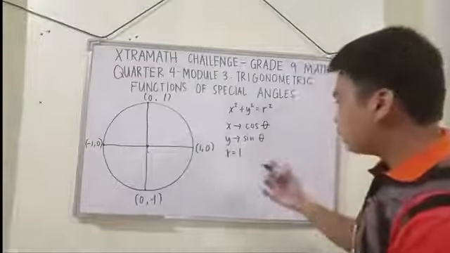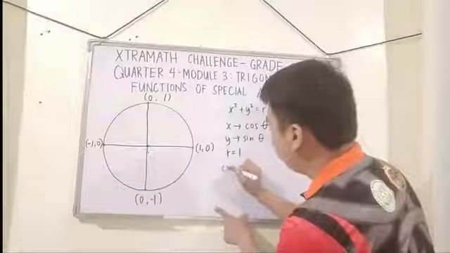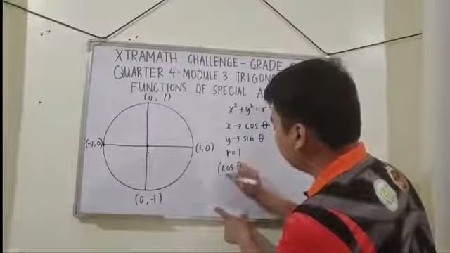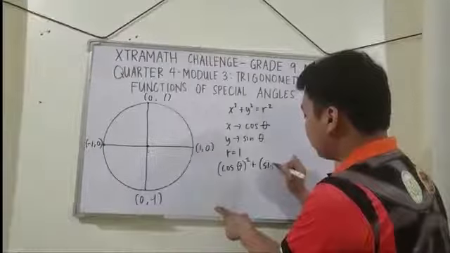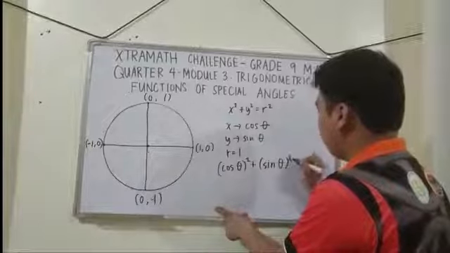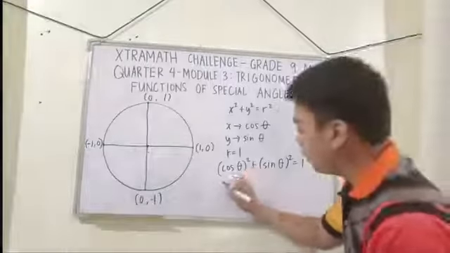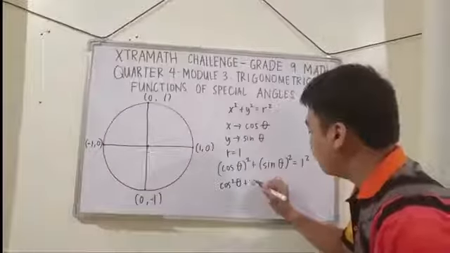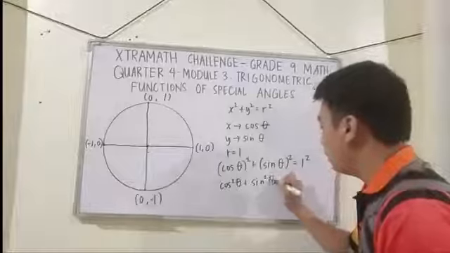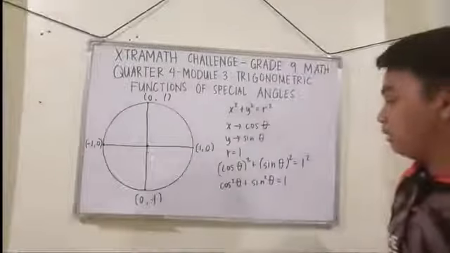By substitution, we have cosine theta squared plus sine theta squared equal to 1 squared. Cosine theta squared can be written as cosine squared theta. So cosine squared theta plus sine squared theta is equal to 1 squared, which is equal to 1.